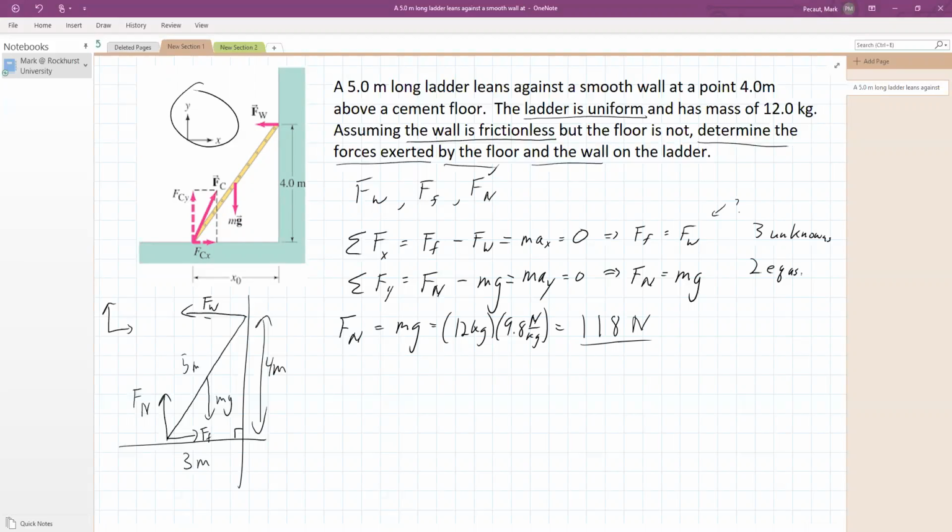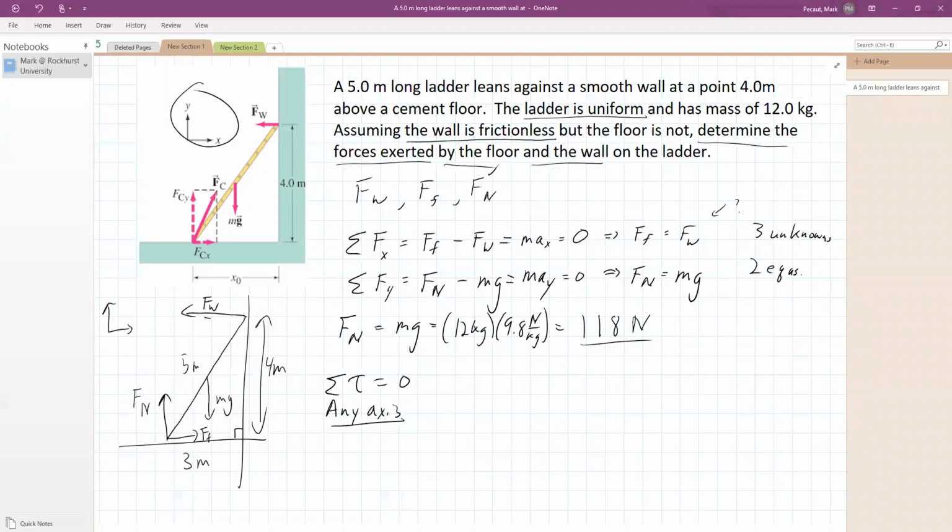So to do that, we're going to use our torque equation. We know that the sum of the torques must be equal to 0, and we can use any axis for this. Okay, so we can put the axis anywhere, and this is going to be true.